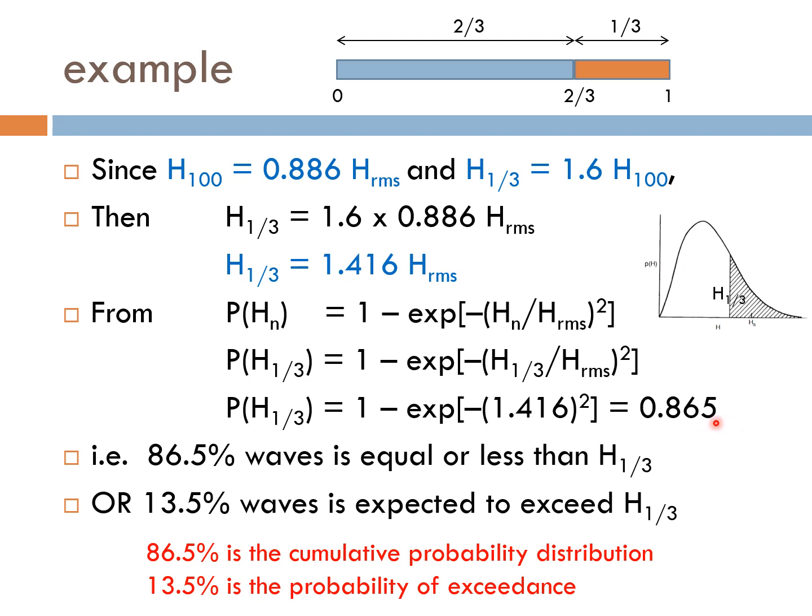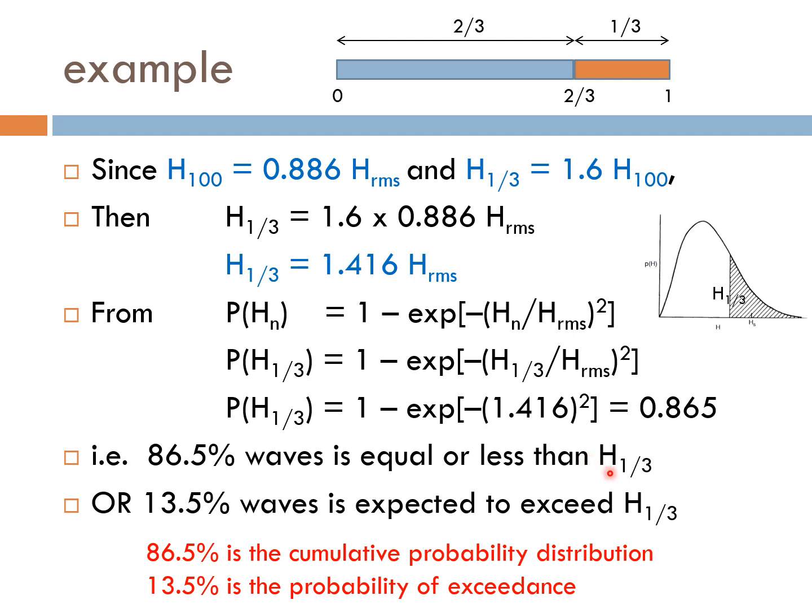It means that in the entire curve in the Rayleigh distribution, from 0 up to H1/3, the cumulative probability distribution is 86.5%. That means that 86.5% of the waves is equal or less than the H1/3.